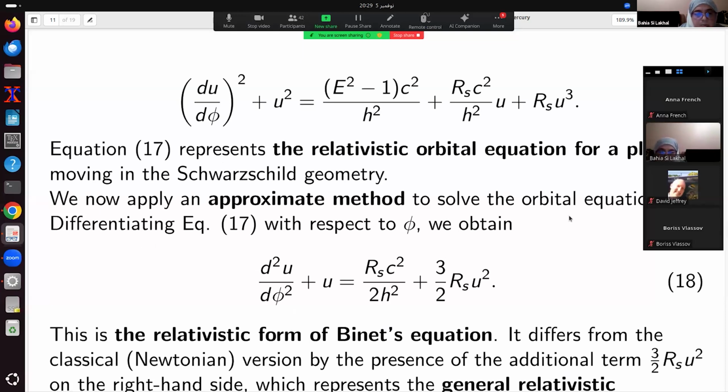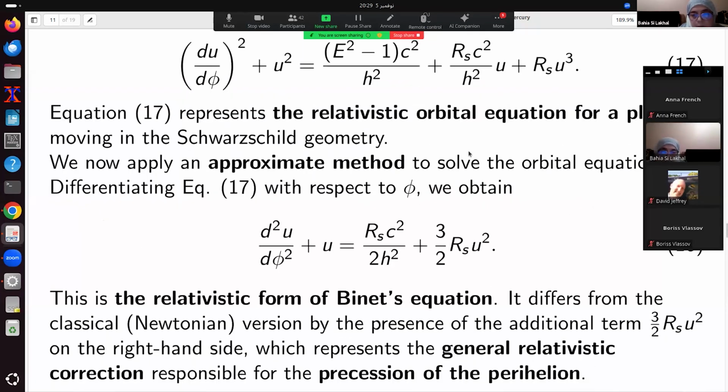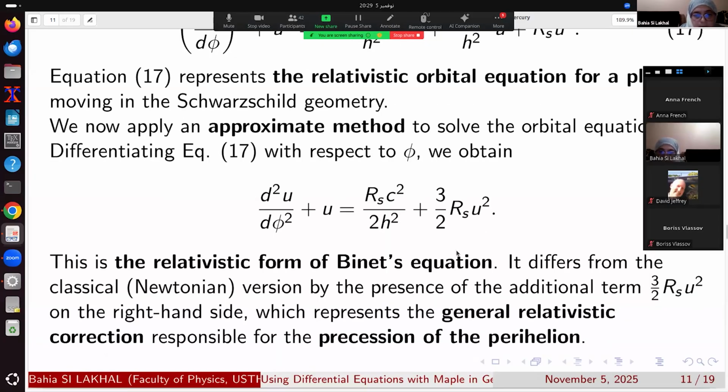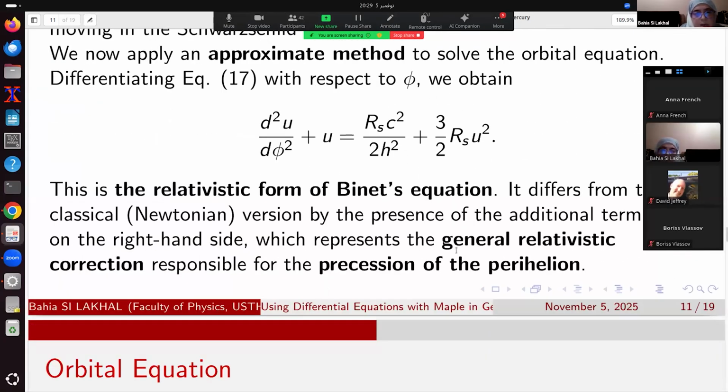It differs from the Newtonian version by the presence of the additional term 3/2 r_s u squared. This term represents the general relativistic correction responsible for the precession of the perihelion.